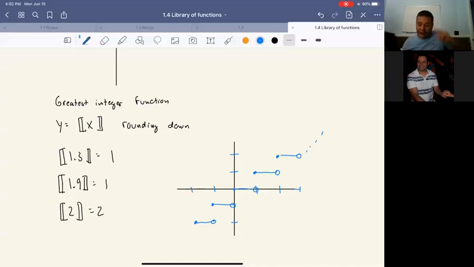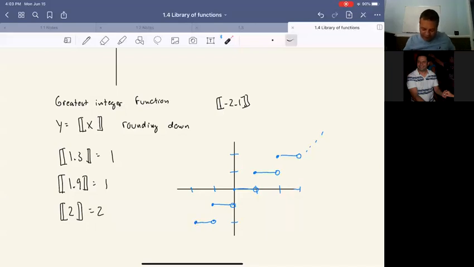Okay, so now, what would be, for example, a question? Well, I might ask you, what is the greatest integer of negative 2.1? Okay, so since you've drawn this picture, negative 2.1 is here. So what would that be? That's actually going to be negative 2.